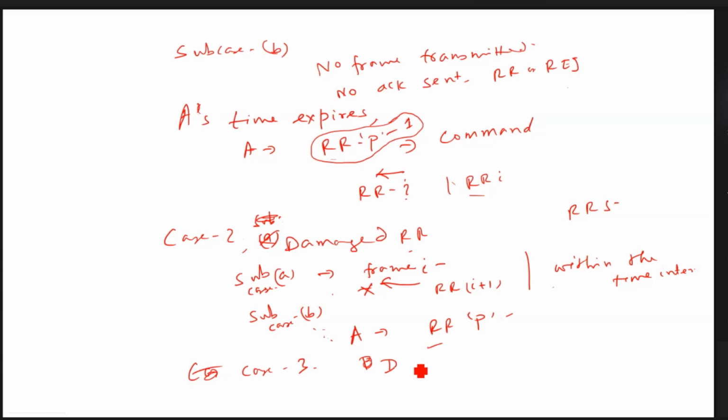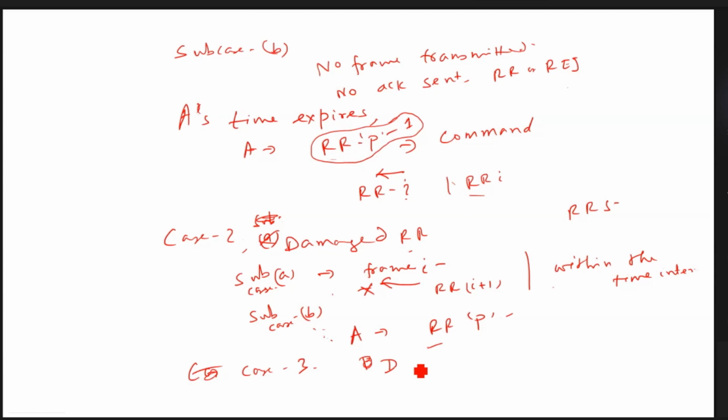After getting F6, the next acknowledgement will be RR7. Up to this is the damaged frame case.